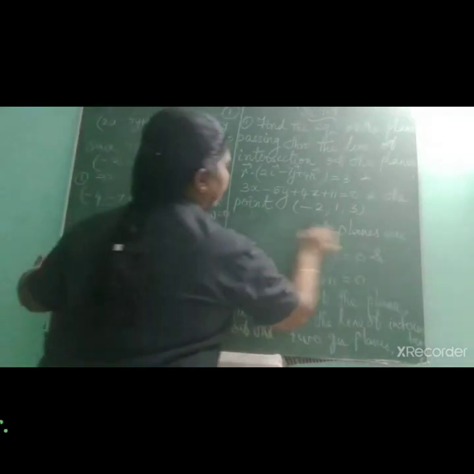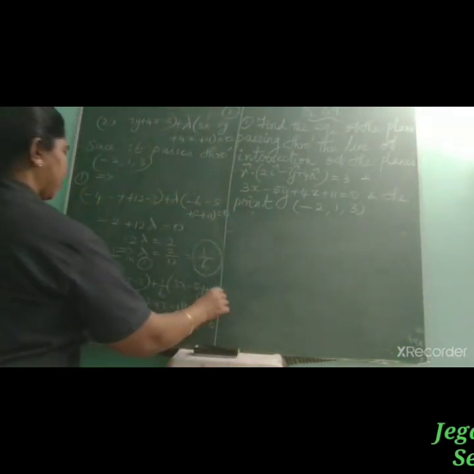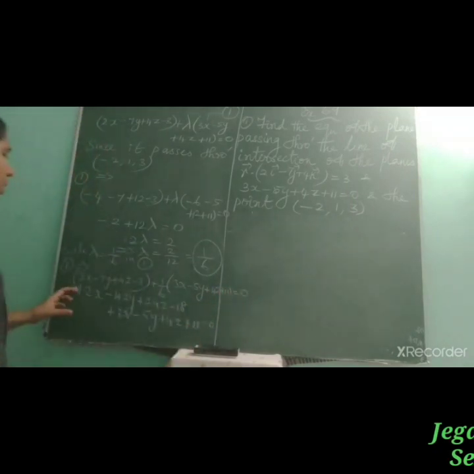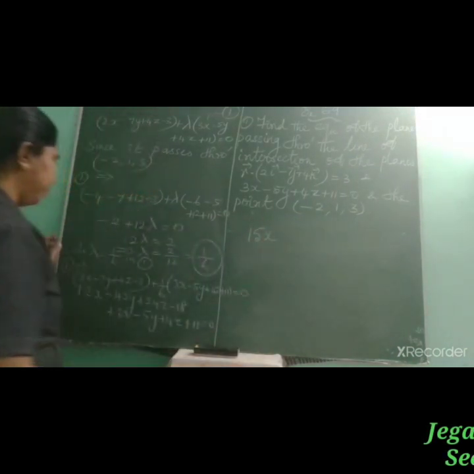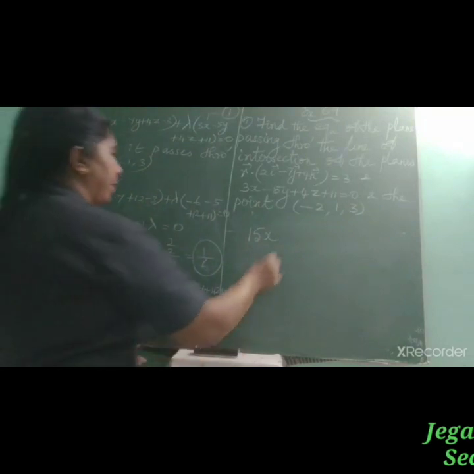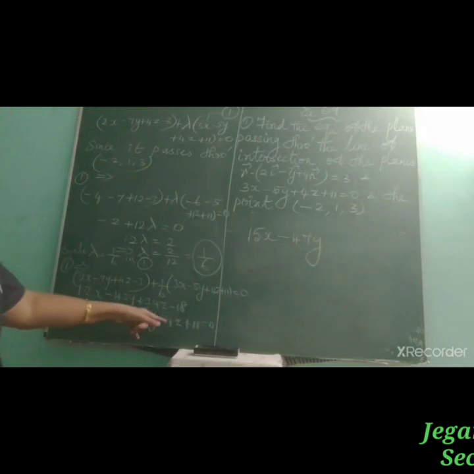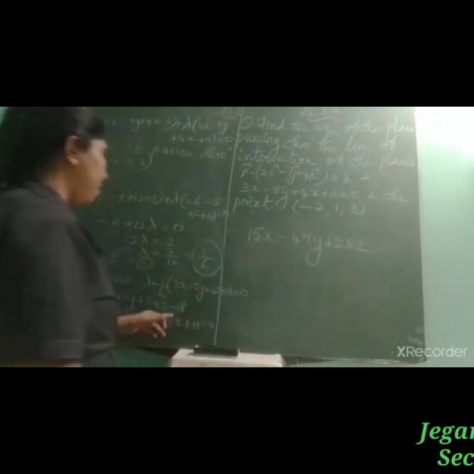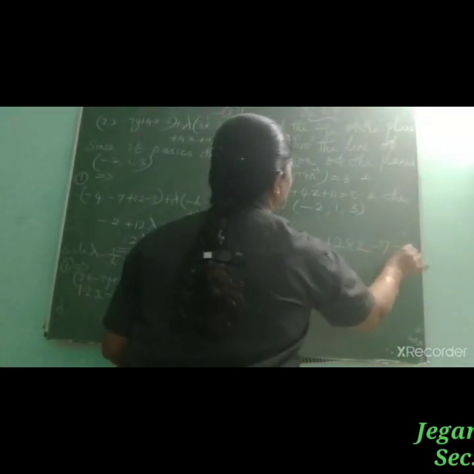On simplifying, we combine the like terms together: 12x plus 3x is 15x, minus 42y minus 5y is minus 47y, 24z plus 4z is 28z, minus 18 plus 11 is minus 7, equal to 0.